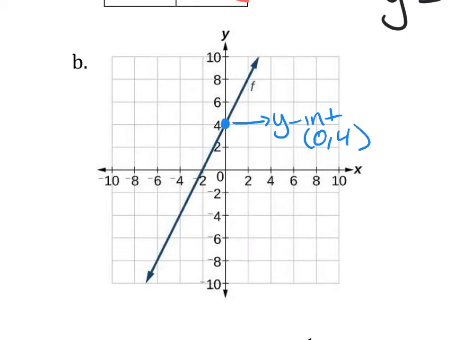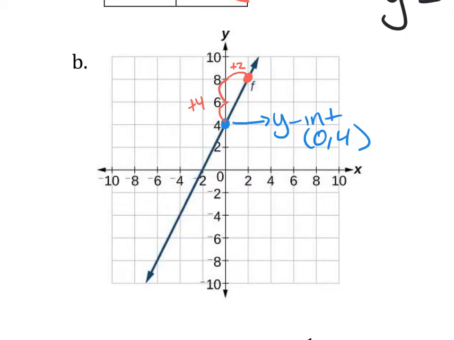Okay, now when we find our slope, we've got to be careful, because what are the increments on our graph counting by? 2. So when we find another nice point here, we do like this one, (2, 8). This is going up 4, and then to the right 2.